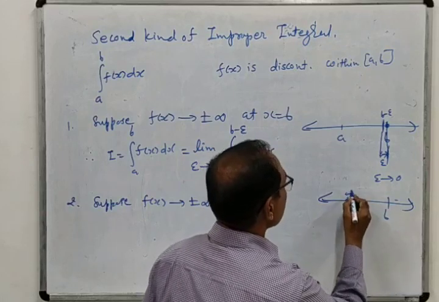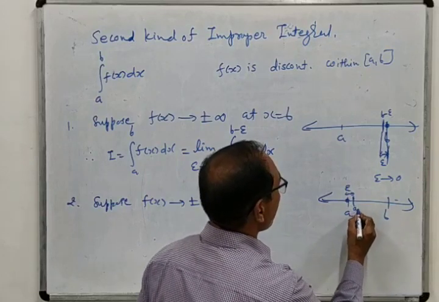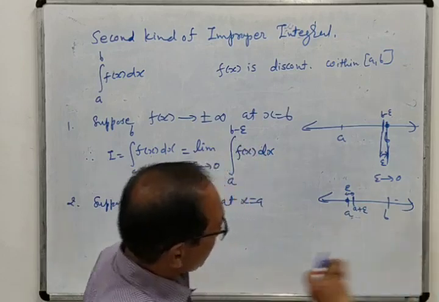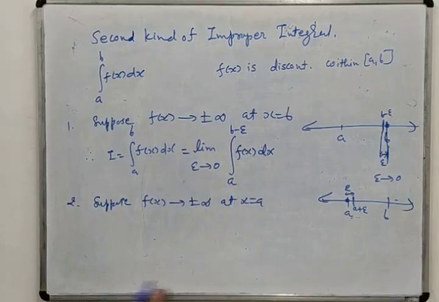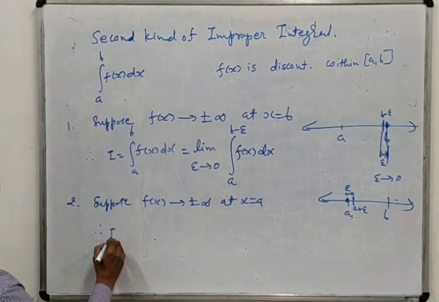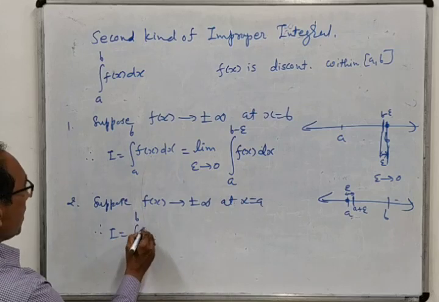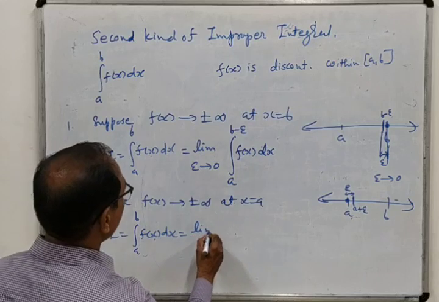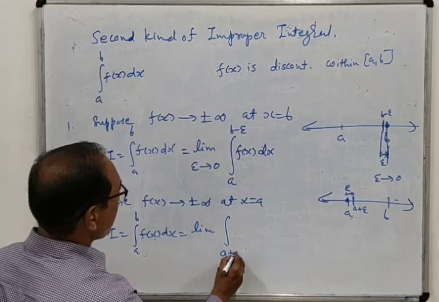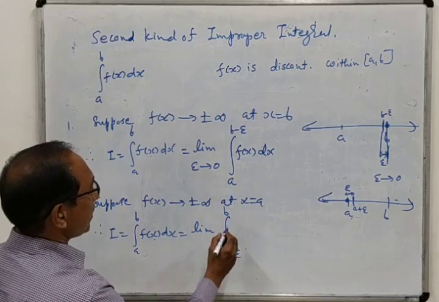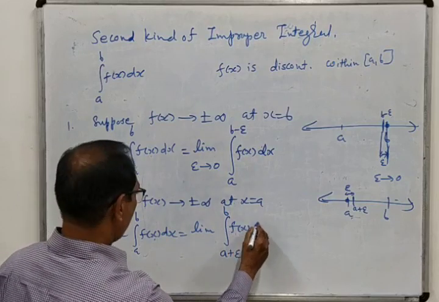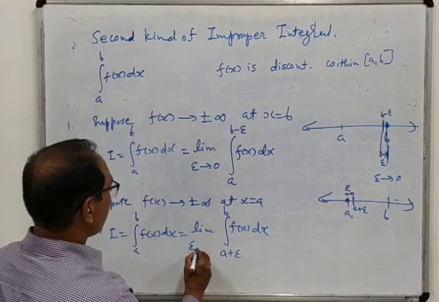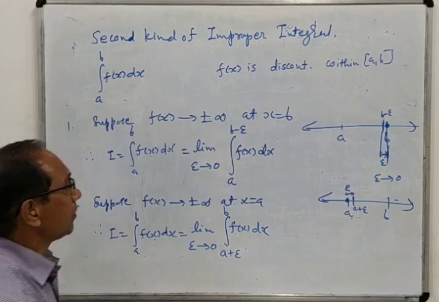If we consider this distance as epsilon, this point becomes A plus epsilon. Therefore, the integration from A to B of f of x dx can be written as the limit, as epsilon tends to 0, of the integral from A plus epsilon to B of f of x dx, with B remaining as it is.